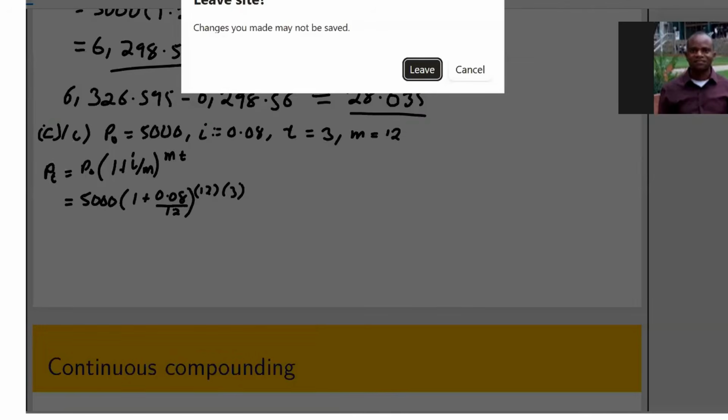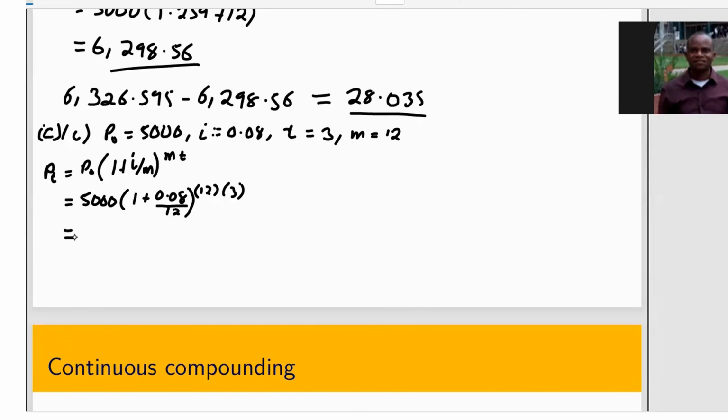So if you simplify this, we're going to get 5,000 multiplied by 1 plus 0.08 divided by 12. That is a small value, but I would prefer just directly to add 1 to this one.